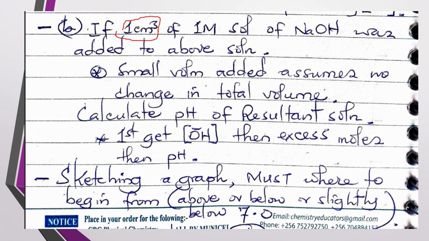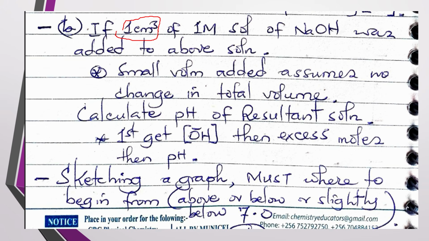So we expect you to say that when such a volume is added to that particular solution, there is no change in pH, or pH is going to remain relatively constant, simply because such questions are testing your knowledge of buffer solutions. So take note of that.